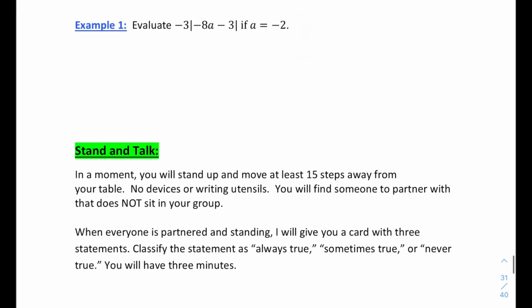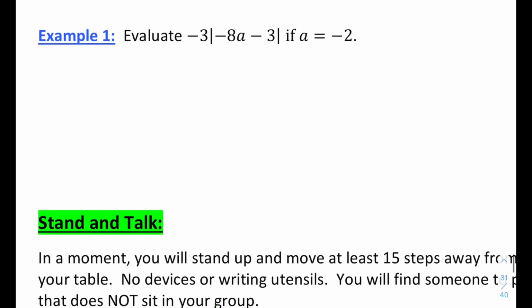One thing we didn't look at was just evaluating an expression that has absolute value. So if you're evaluating this when a is negative 2, you need to replace your variable with negative 2. Like always, when you plug something in, make sure you put it in its own set of parentheses. And then absolute value bars are a grouping symbol, like parentheses, except they're kind of special. You have to work inside them first.